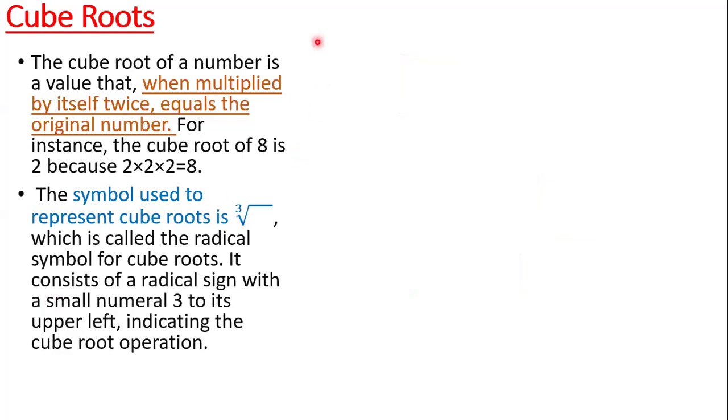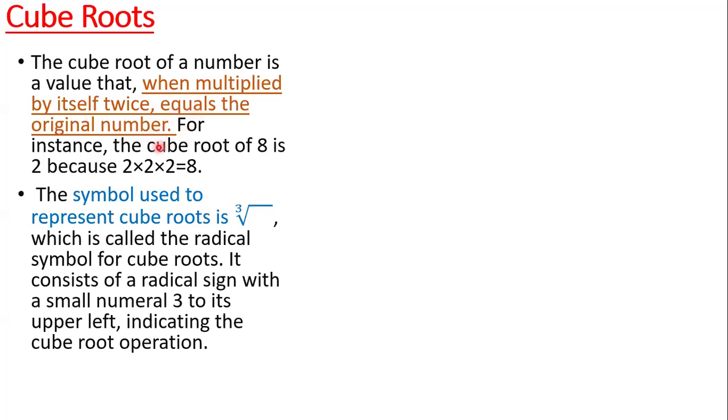I need one more reader so we could read this one more time and then we could get into the actual thing. Do you have a volunteer? Go ahead, Zaria. Both paragraphs. The cube root of a number is the value that when multiplied by itself twice equals the original number.